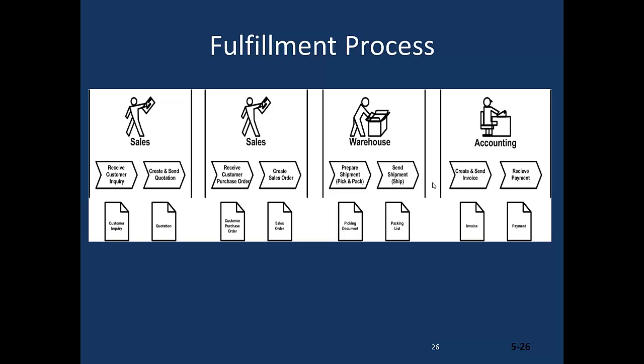We're assuming that we have the product in inventory at this time. We pick and pack that, unless we have that in this organization. We don't have manual or automated or robotic picking and packing, and this is still common. We will then send the shipment, and then we create and send the invoice. Once we then receive payment. So there are other steps involved.